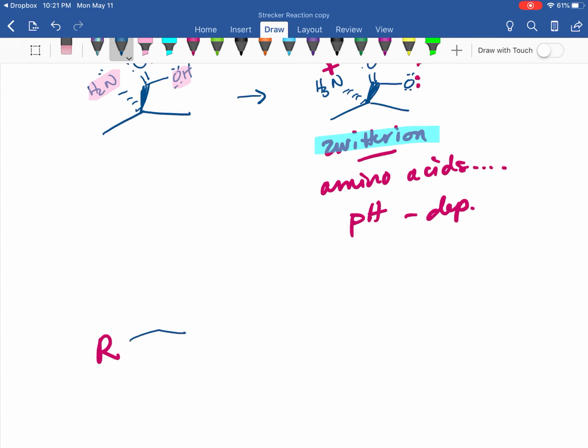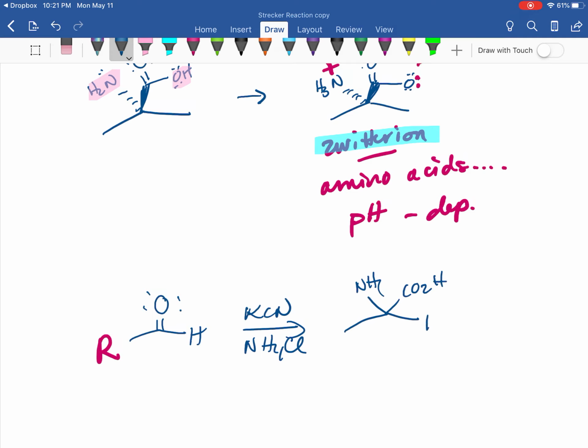So just keep in mind, how are you actually going to use your Strecker to make any kind of amino acid? Whatever your R group is in your aldehyde is going to end up as that R group in your amino acid.